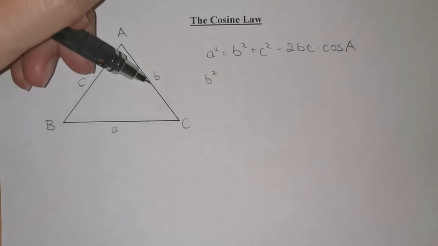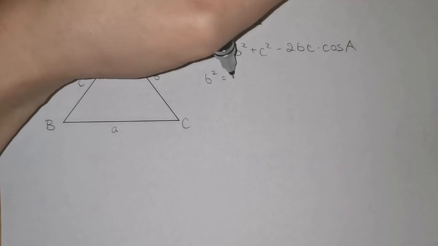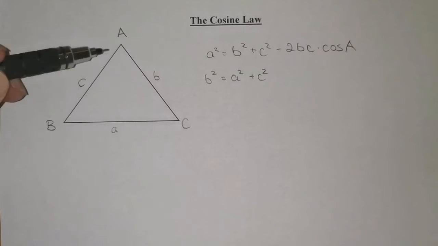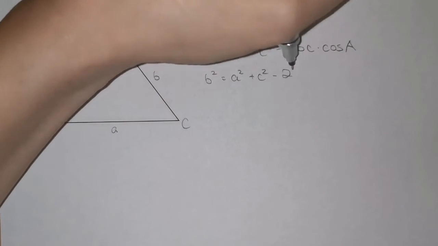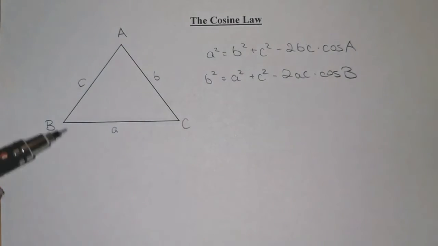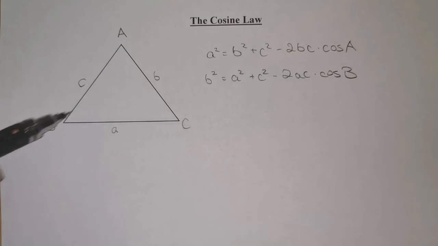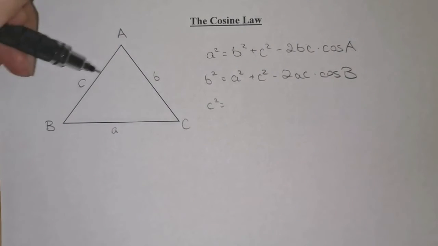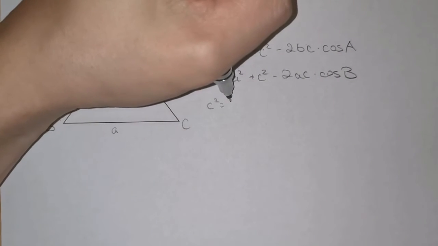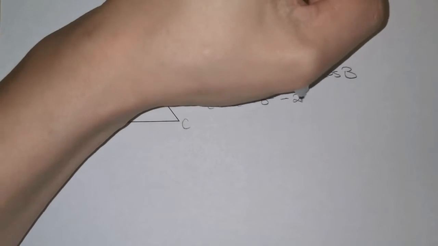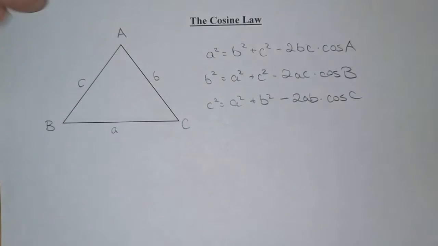If you're looking for side B, then you need the two other sides, minus 2ac times cos B. Then you need the angle that's across from it. Similarly, if you're looking for side C, you need the other two sides, a squared plus b squared minus 2ab cos C.